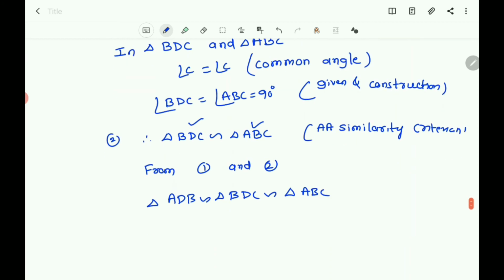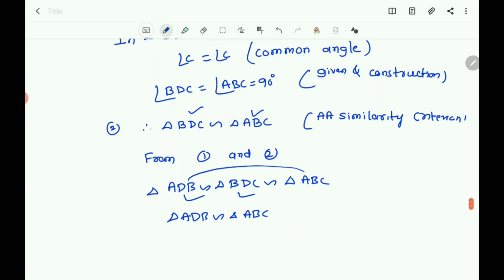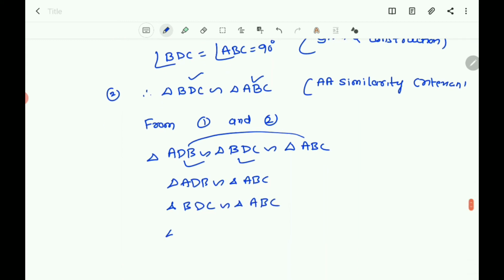Means here the two triangles which are newly formed are similar, and they are also similar to triangle ABC. Triangle ADB is similar to triangle ABC, triangle BDC is similar to triangle ABC, and also triangle ADB is similar to triangle BDC. Three pairs of similar triangles are here.